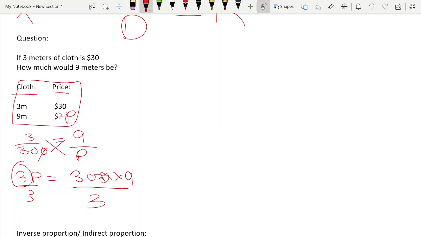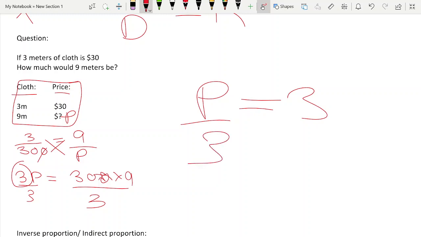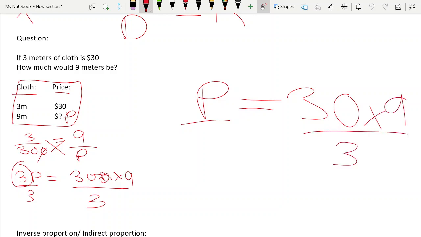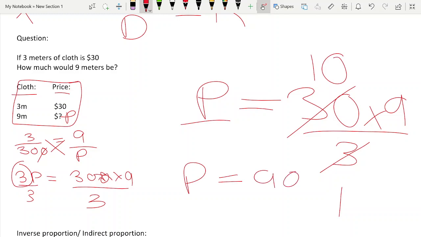So p is equal to 30 times 9 by 3. So if we can cross it out like this, this is 1, this is going to be 10, meaning p is equal to 90. Okay? So that's how we can figure it out.